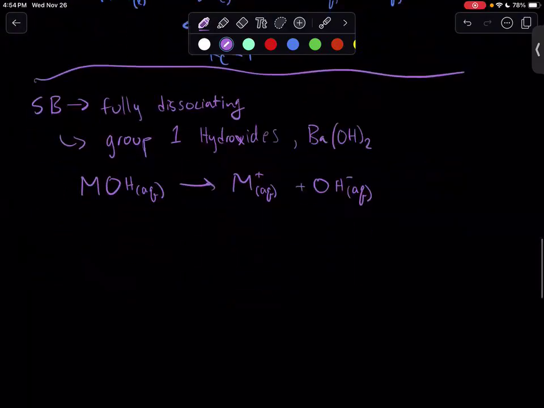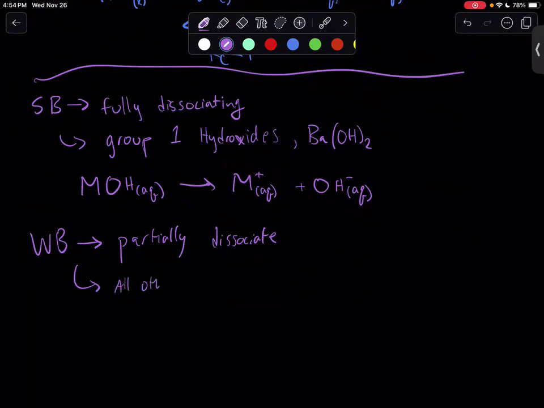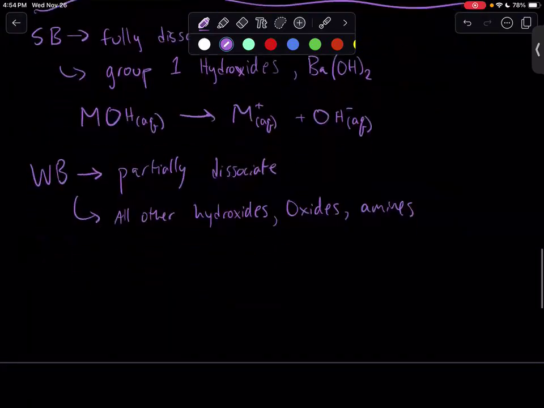Our weak bases, much like our weak acids, partially dissociate. And much like we discussed with the bases before, these would be all other hydroxides, as well as oxides. And in addition to that, are amines. So those are all going to be weak bases.